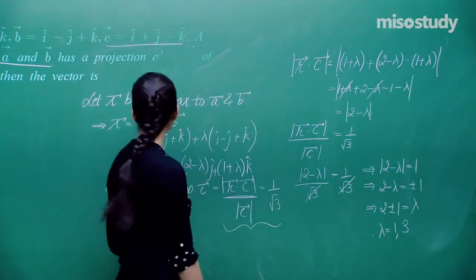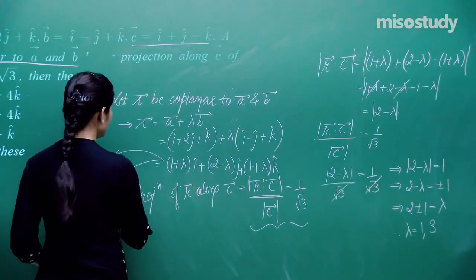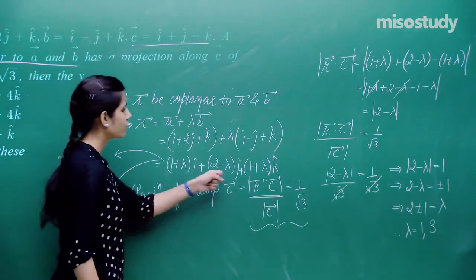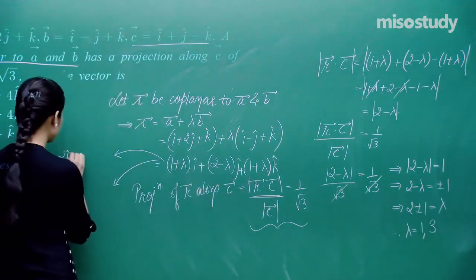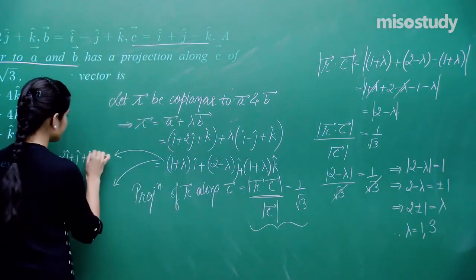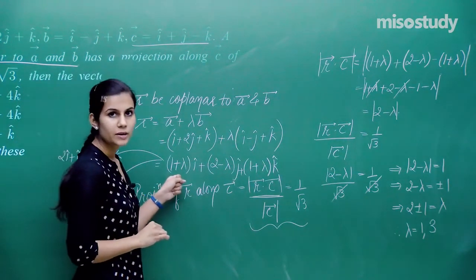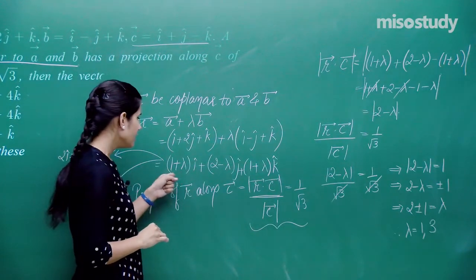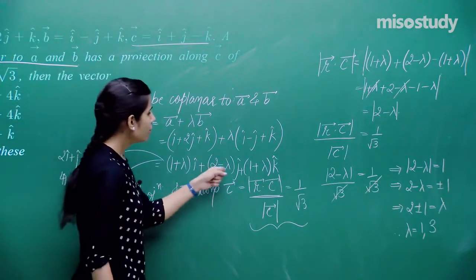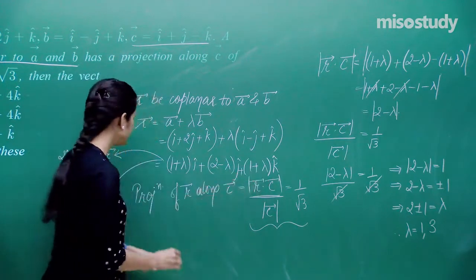For lambda equals 1, what is the value of R vector that you get? R vector becomes 2i cap, lambda equals 1, 2 minus 1 is 1, 1 j cap, this is 1, so 2k cap. This is R vector, or one more alternative for R vector is 1 plus 3 when lambda is 3, this is 4i cap, 2 minus 3, so it is minus 1, minus j cap, and 1 plus 3, which is 4k cap.